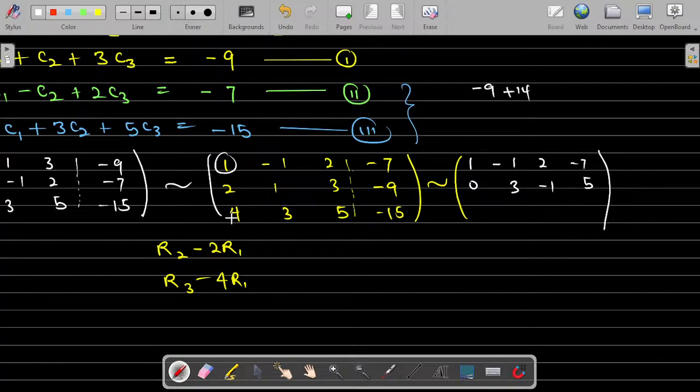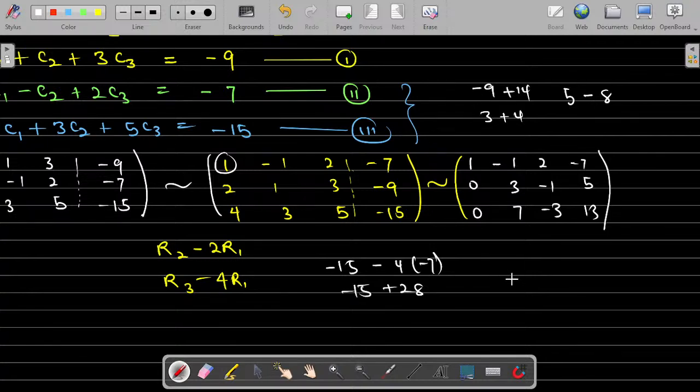And then over here, this minus 4 of this will be 0, and then 3 minus 4 times minus 1, which is plus 4. This will give us 7, and this minus 4 of this is going to be 5 minus 4 times 2, which is 8, and that will give us minus 3. And then minus 15 minus 4 times minus 7 is going to be minus 15 plus 28, and that's equal to plus 13.